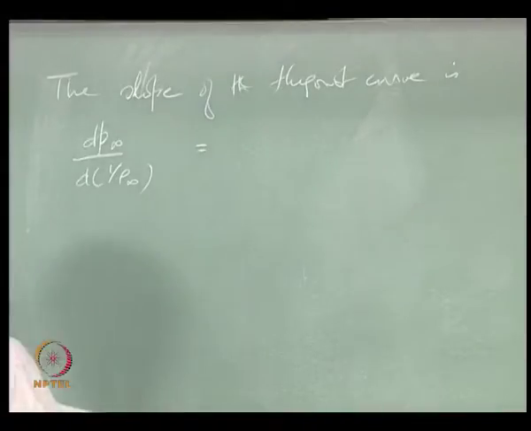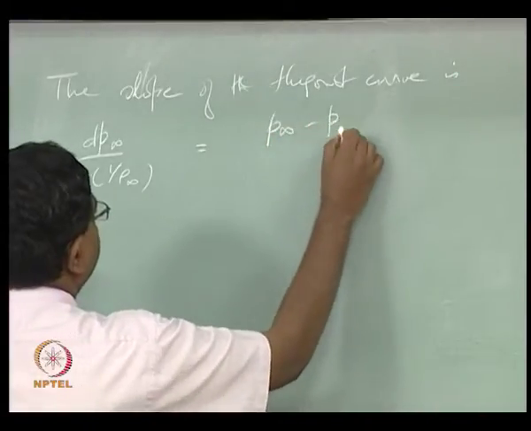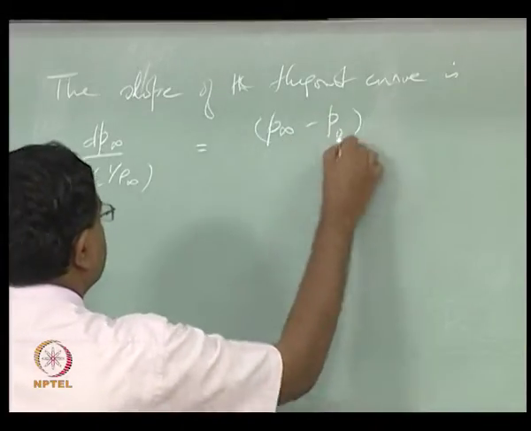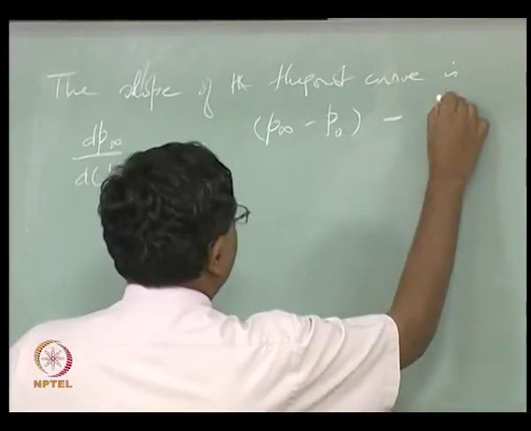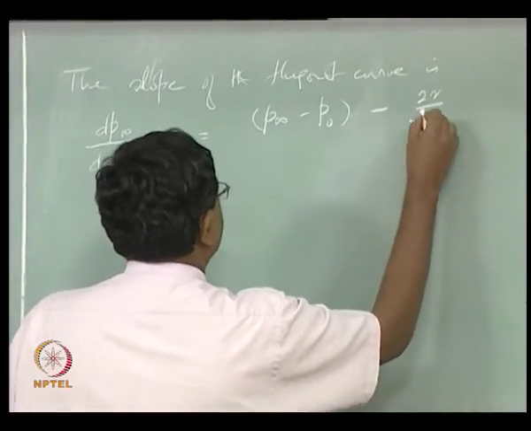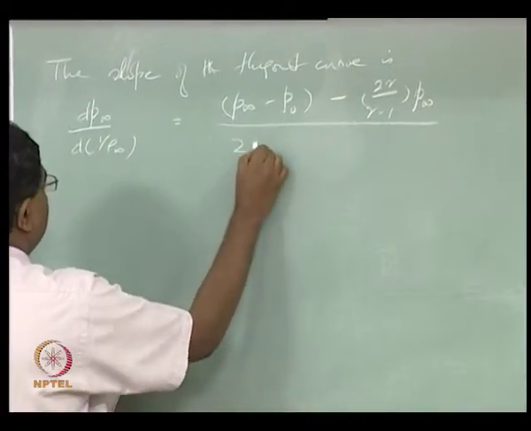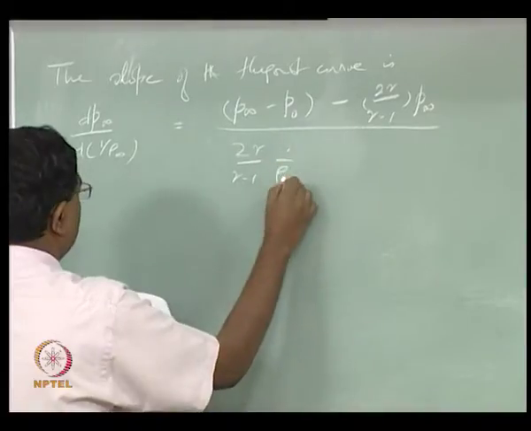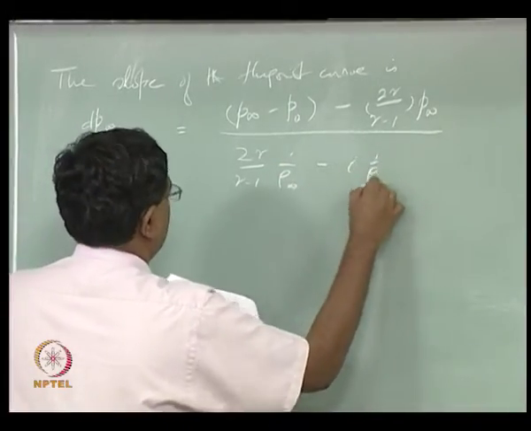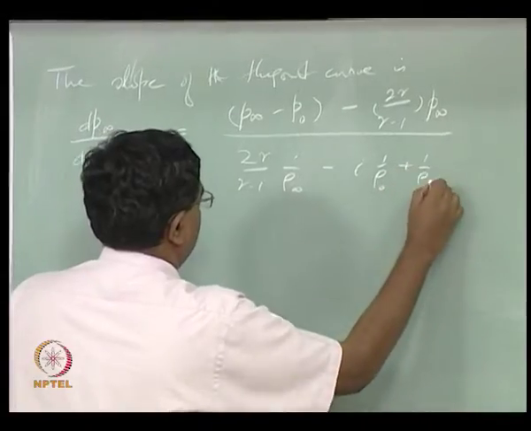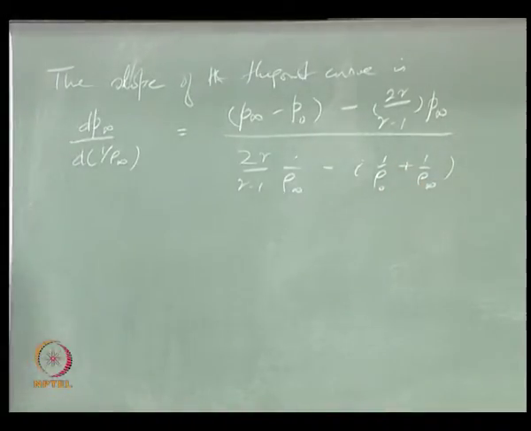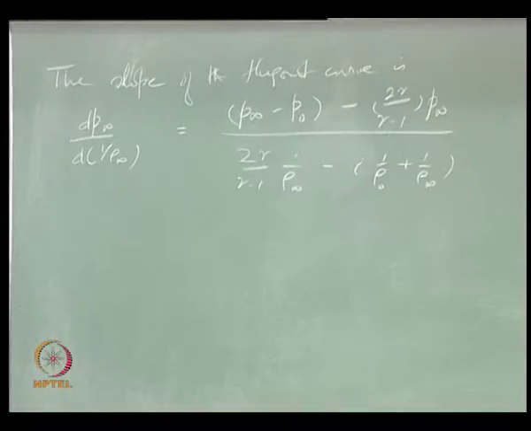Then you get p infinity minus p naught, minus 2 gamma over gamma minus 1 times p infinity, divided by 2 gamma over gamma minus 1 times (1 over rho infinity minus 1 over rho naught) plus 1 over rho infinity. That is the slope expression that you get for any point on the Hugoniot curve. This is the slope at any point, okay. We are still not saying that this is at the Cj points.